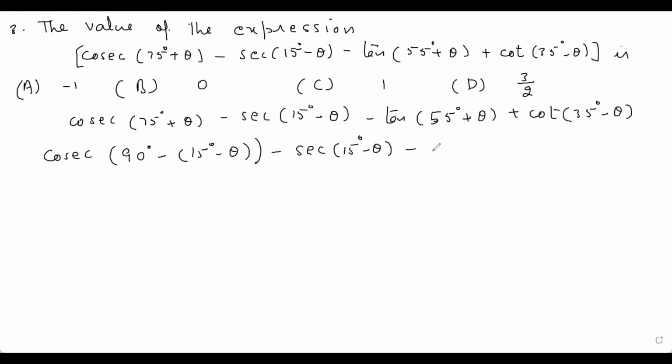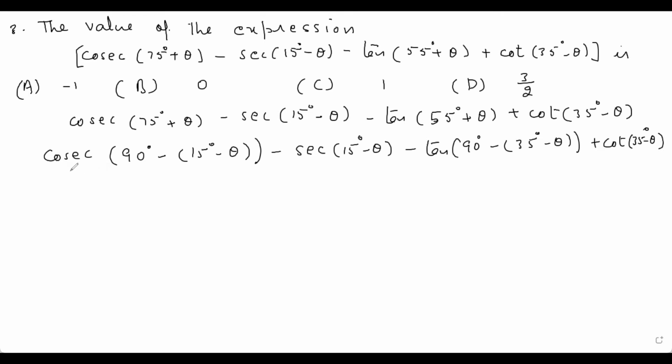So I'm going to change this. Tan, this thing can be written as 90 degree minus 35 degree minus theta. 55 degree plus theta can be written as this. If you solve this, you will get this. Plus cot 35 degree minus theta.